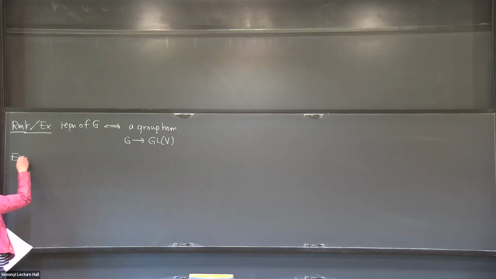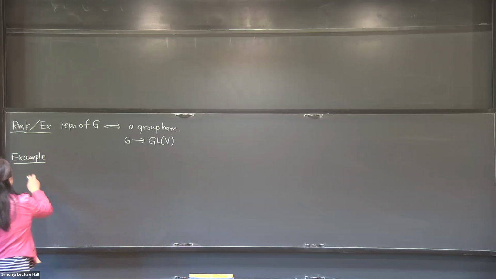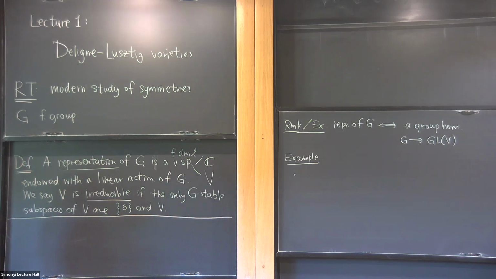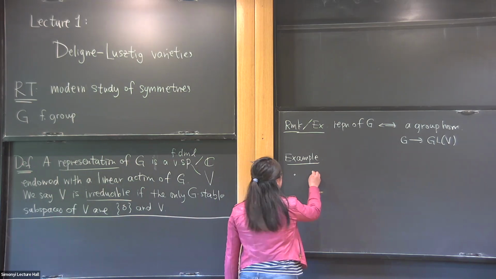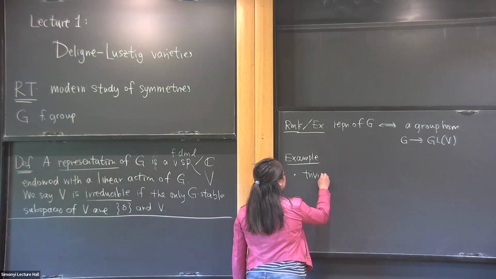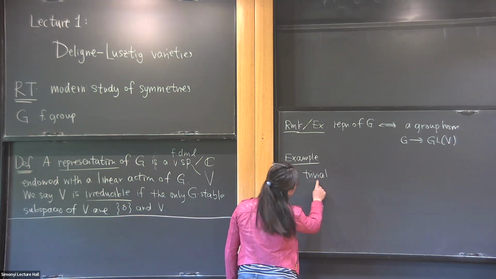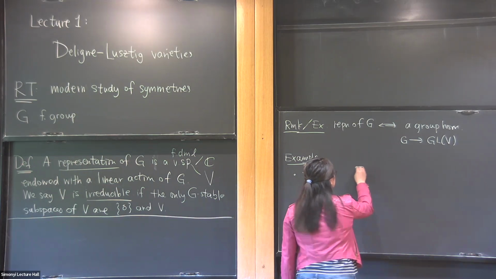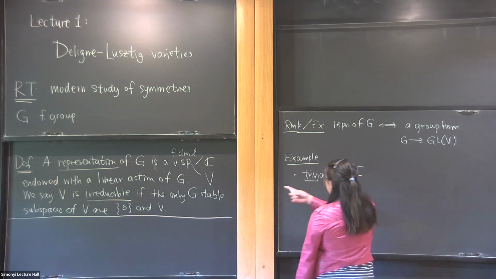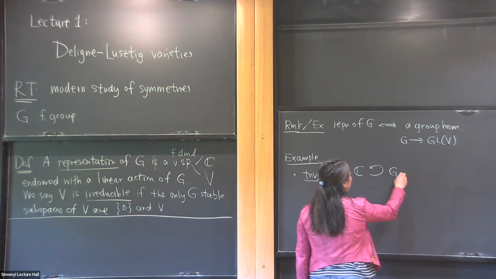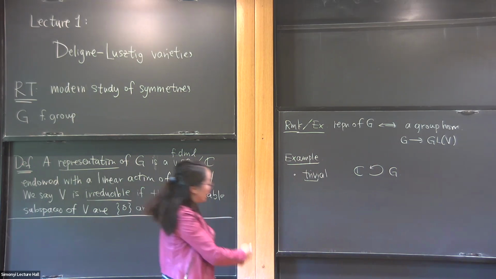So let me give you some examples. A representation that every single group has, and I think this is the only representation that every single group has, is the trivial representation. Sometimes we just call it triv. You take a one-dimensional vector space, that's just C. Now to make this a representation, I need to tell you how G acts on it.